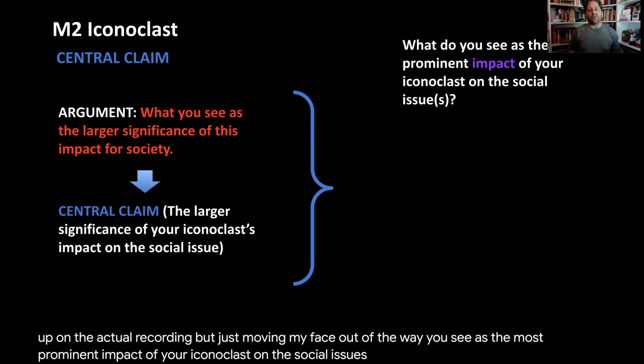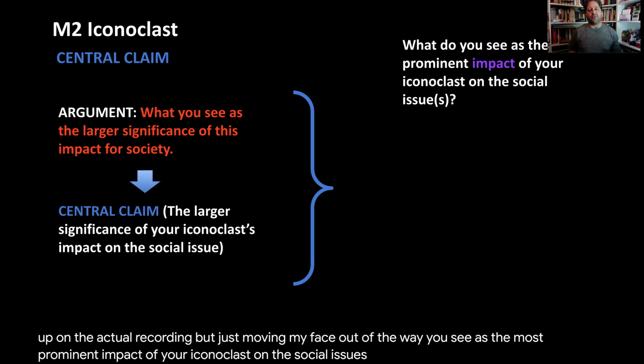And then lastly, serving as an example to this day of how nonviolence and determination are the essential ingredients for effective social change. There's that key term, determination, that was also at the end of the last support paragraph. So they're echoing the central claim to close out that analysis paragraph we saw in the previous slide. But here we're getting a sense of that larger significance, right? What did it do?